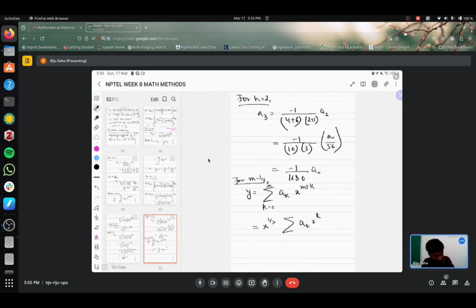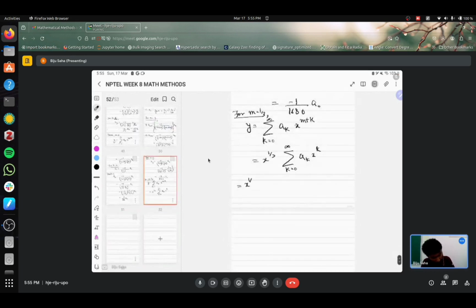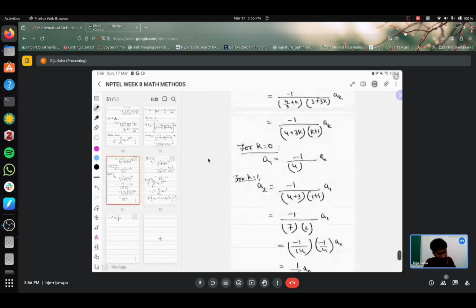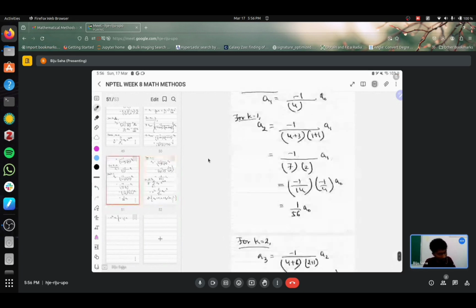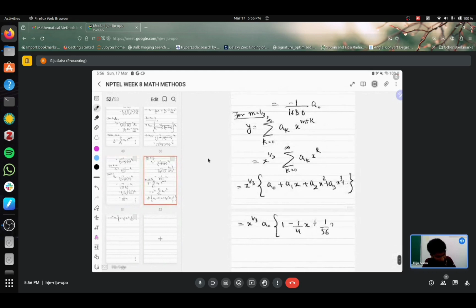So your a1 is equal to minus 1 by 4 a0, and your a2 is equal to 1 by 56, plus 1 by 56 x square, and then I have this.